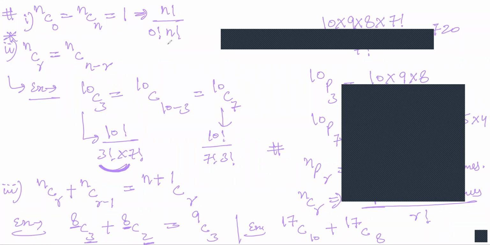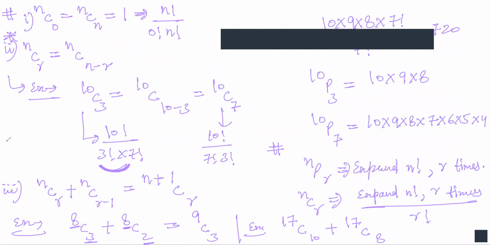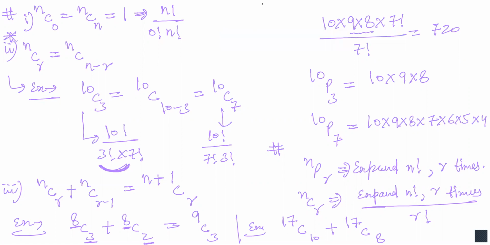Sir, can you please repeat what you said? I can't understand what you're saying. Sure. Can you see? No, sir, I cannot see it actually. Can you write it on the top, beside that n factorial by 0 factorial into n factorial? Okay, just a minute.